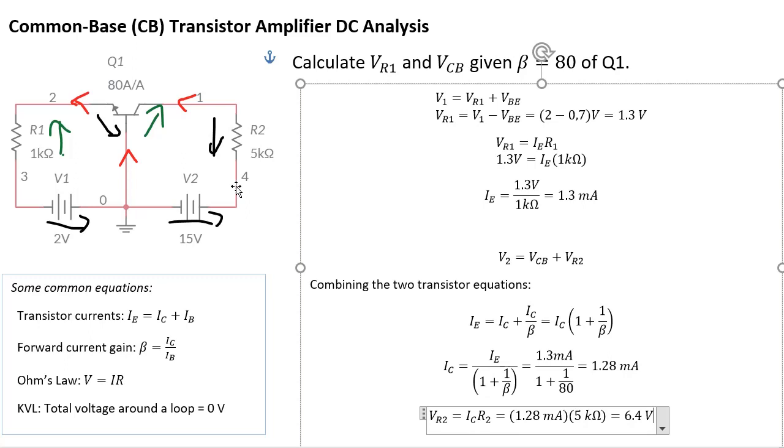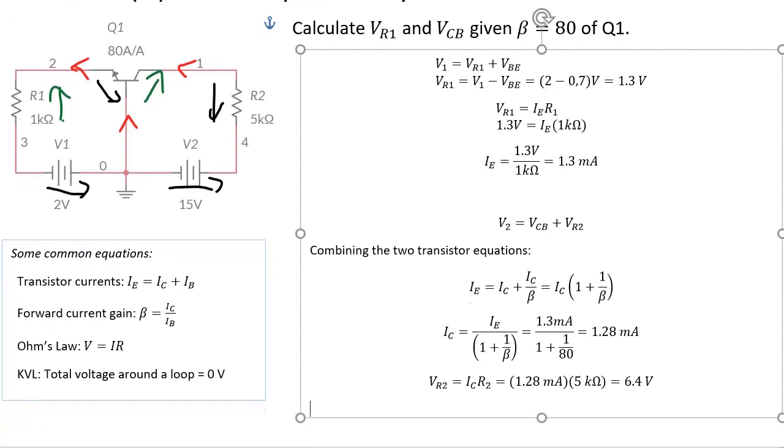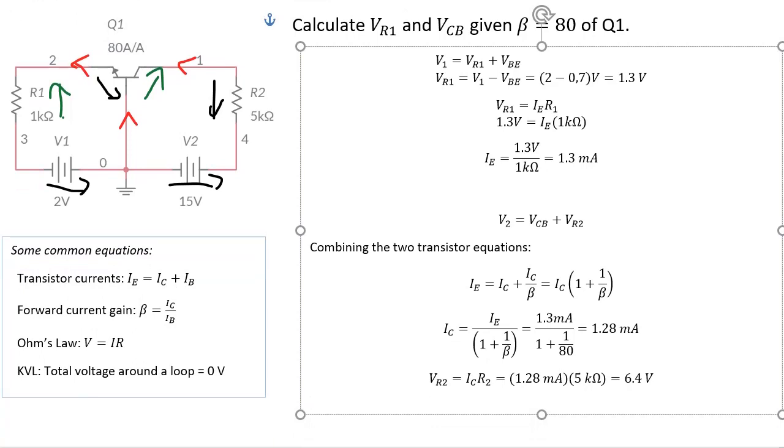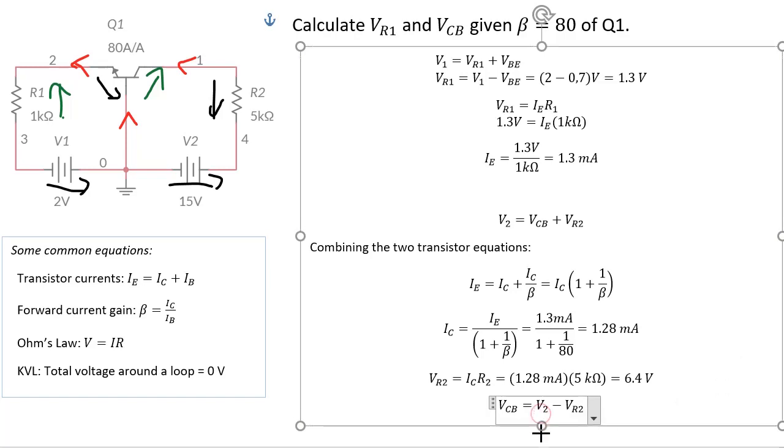Now we know what VR2 is, we can then work out VCB based on this equation here. So VCB is equal to V2 minus VR2. Let me expand this a bit.